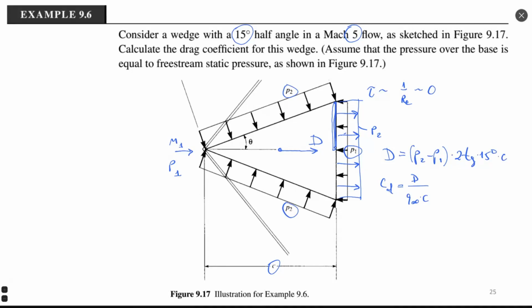And now how we can express Q infinite as density infinite, 2 will be here, velocity infinite squared, multiplied by C, and here I will have my P2 minus P1 multiplied by 2 tangent of 15 degrees C. I can cancel C probably, and I can join 2 and 2, right?